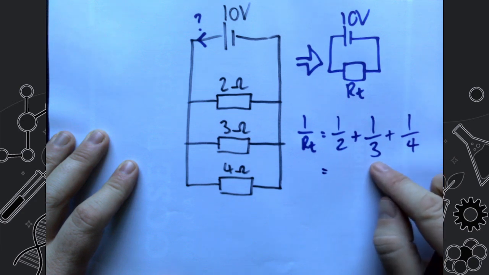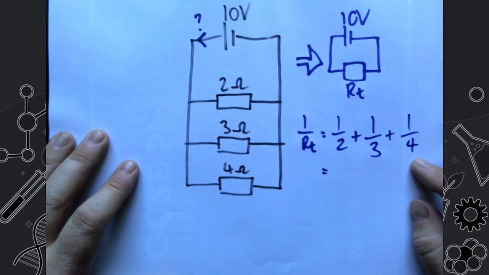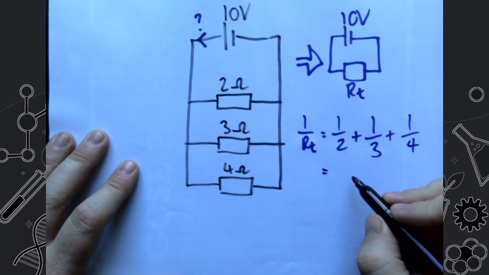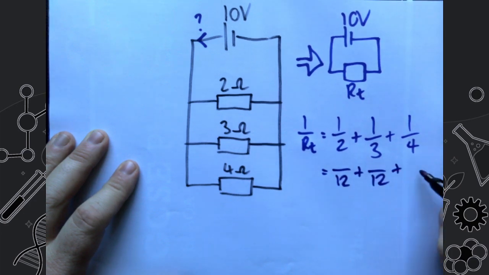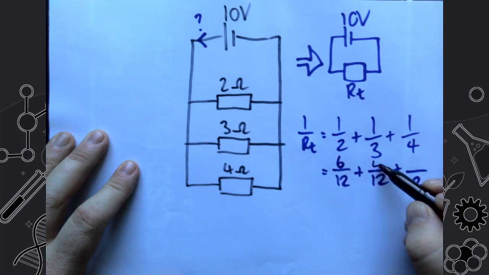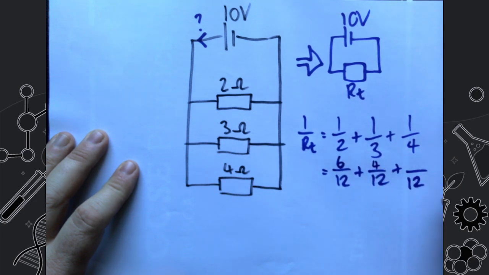If we find the lowest common denominator for all 3 of these, that's going to be 12. So this would be 6 over 12, this would be 4 over 12, and this will be 3 over 12.